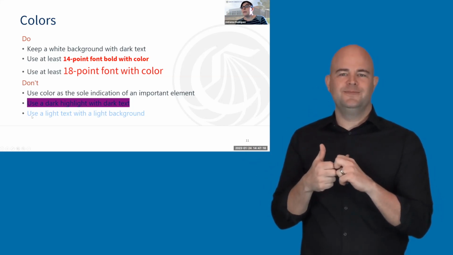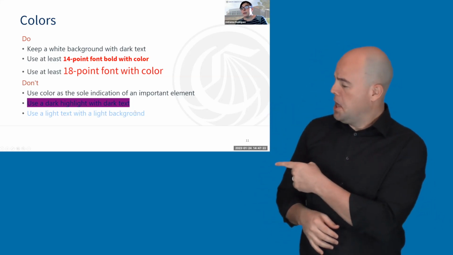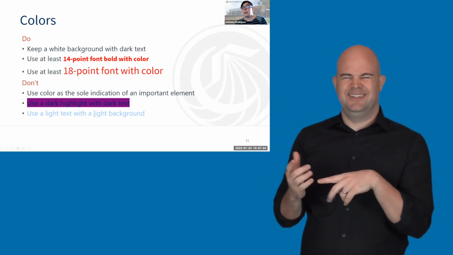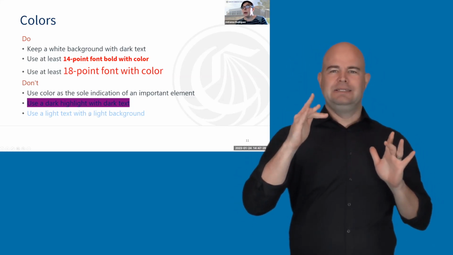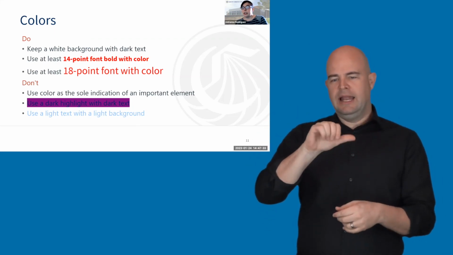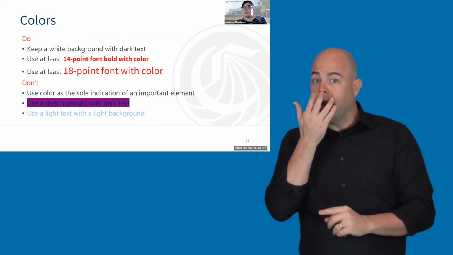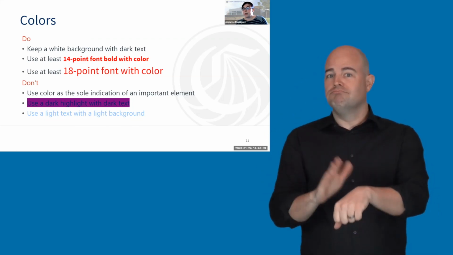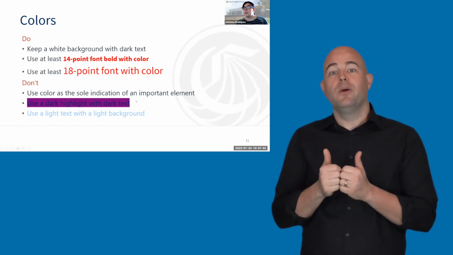And don't use a light text with a light background. This is a little easier for me to read, but the text is still much too light for the white background. So you always want to make sure in Canvas that your accessibility checker isn't flagging the color ratio. It'll let you know if your colors aren't working with the page. So you can pretty easily fix those issues with the accessibility checker.